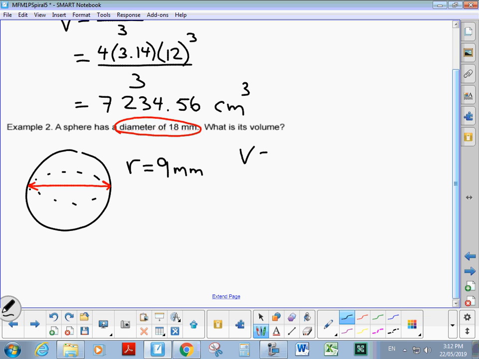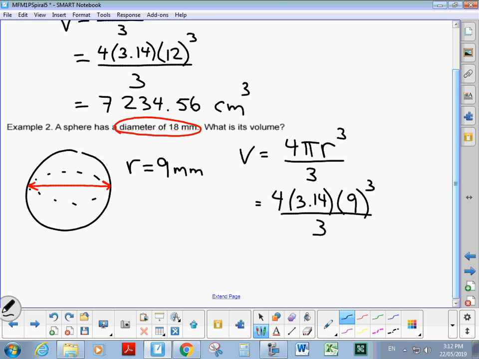From there, it's just going into your formula. 4 pi r cubed divided by 3. So 4, and again, you want to try this with your calculator, 9 cubed over 3. As a note, you would punch in 9, x to the y button, 3, and you can do that all in one calculation.